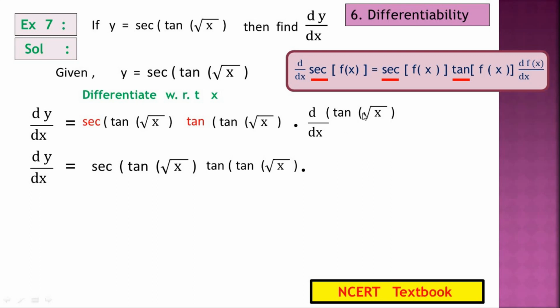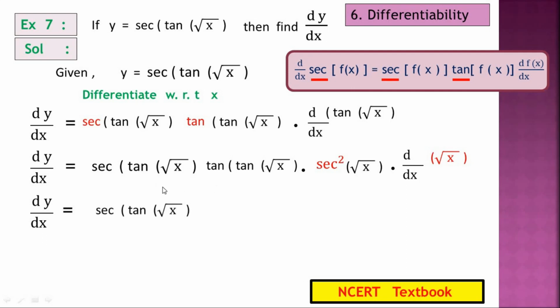This is also composite. First you write the derivative for tan, that is secant square root x into d by dx of root x. In the next step, first two terms as it is, secant tan root x into tan root x, and secant square root x as it is, into, now I write the derivative of root x.